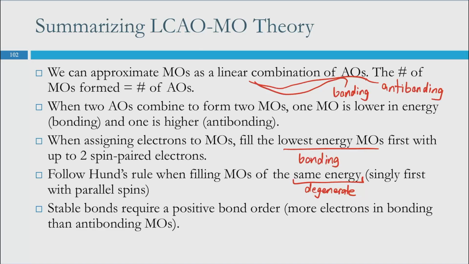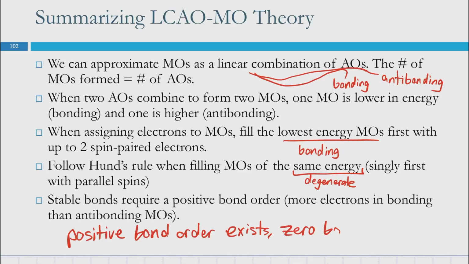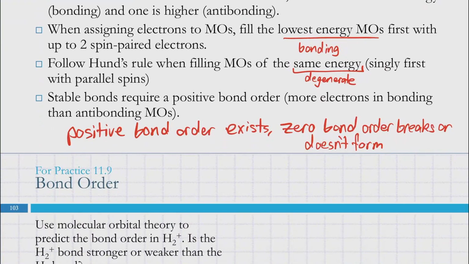We'll see some examples of that. And positive bond order exists. 0 bond order does not form, or does not stick around at least. So that's the very basics.